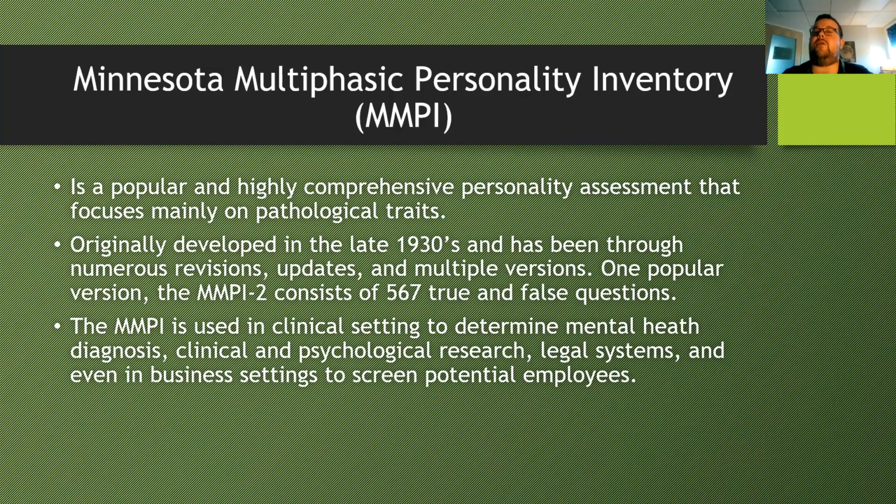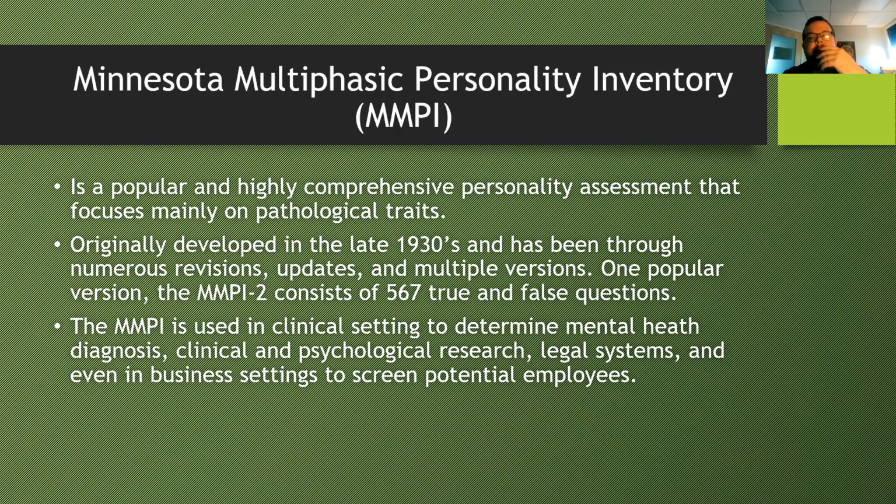If you want to know all your neurotic qualities and all your pathological traits, the MMPI will find it, or at least give you some sort of characteristic of it. In addition, the MMPI has elements to tell whether or not you're lying, and there are very different types of scales.